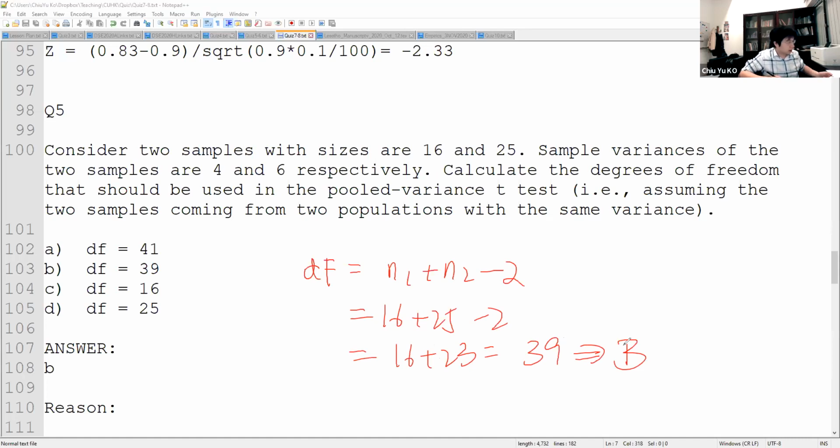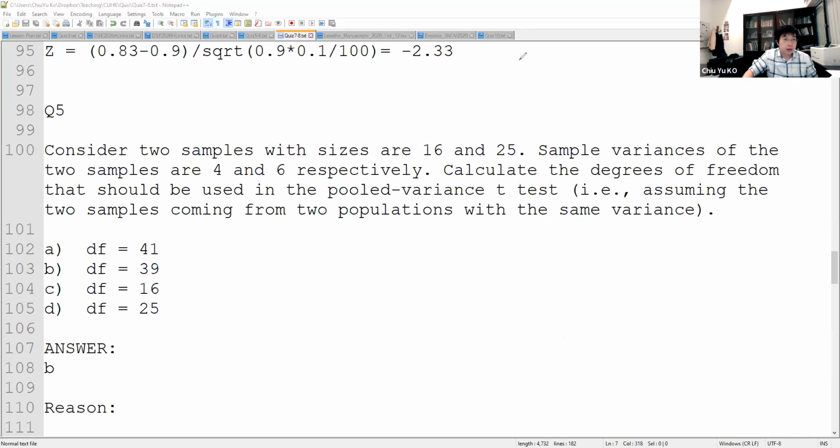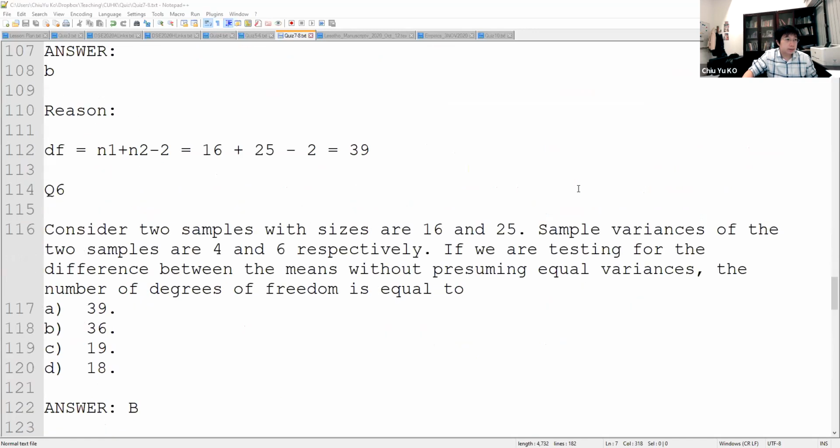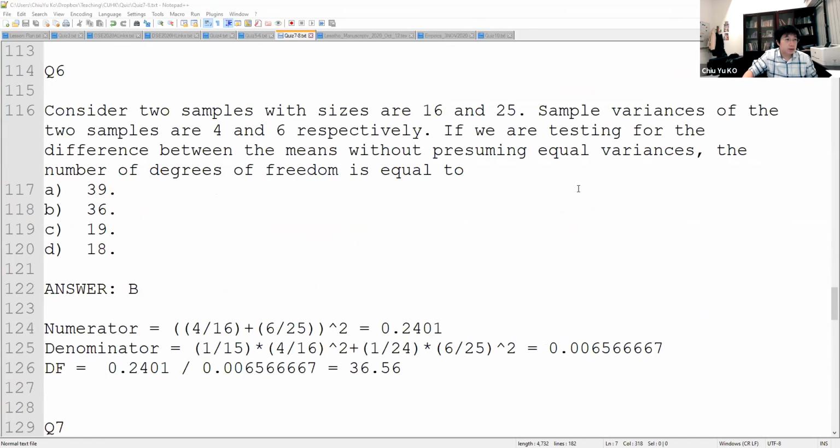I guess there shouldn't be an issue here. Okay. And next. So people ask me why this is 36, but the reason is you apply the formula, right? The V will be something like S1 square over N1, right?